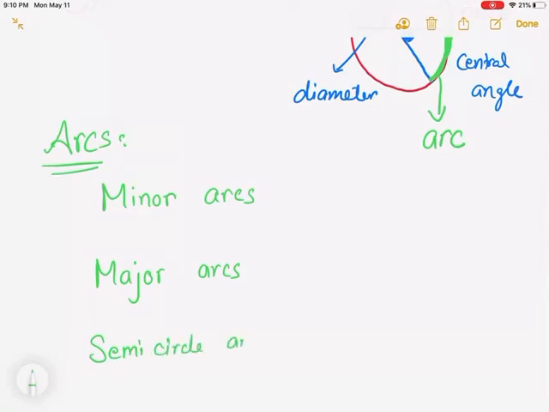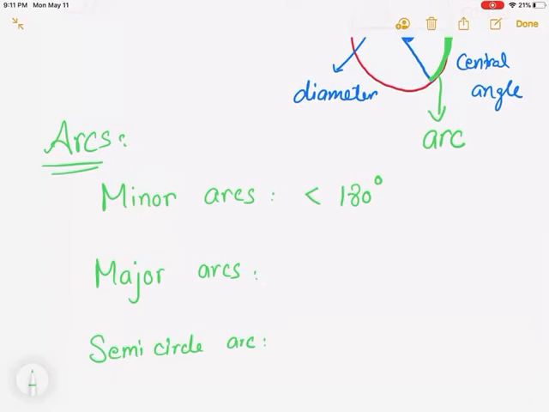If I say minor arc, it's whenever the distance on the circle is less than 180 degrees, or less than half of the circle.